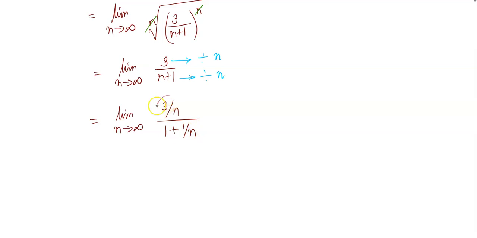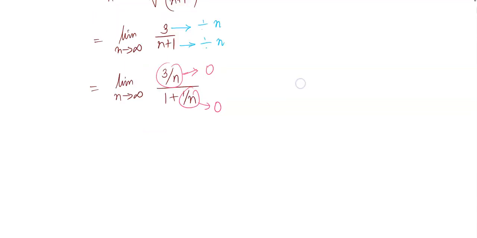And when you apply the limit, this becomes 0, this becomes 0. So you get 0 over 1, which is 0. And if you go back to the root test, it says if rho is 0, that's the first condition, it implies that the series converges absolutely.